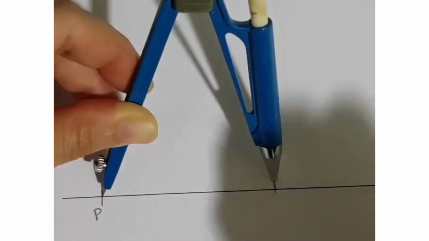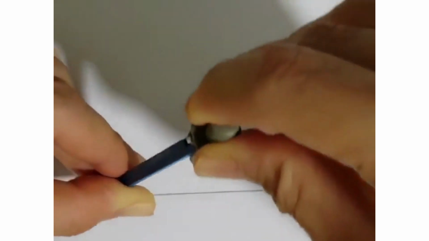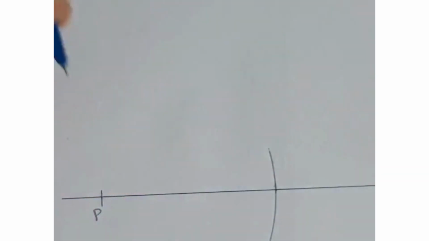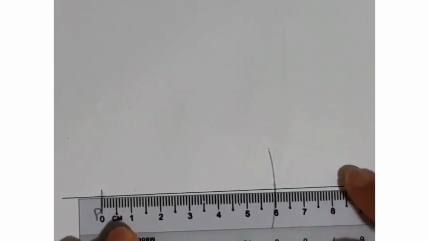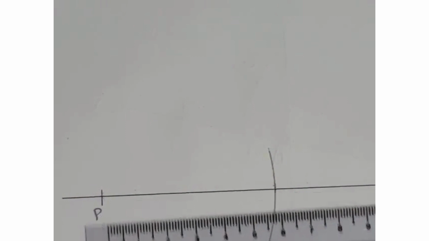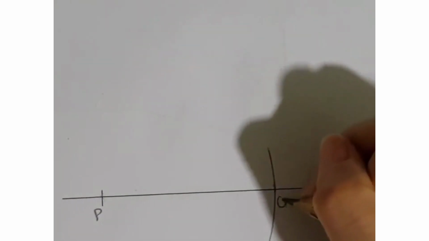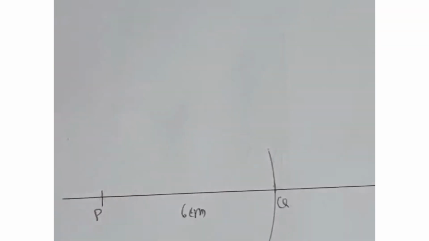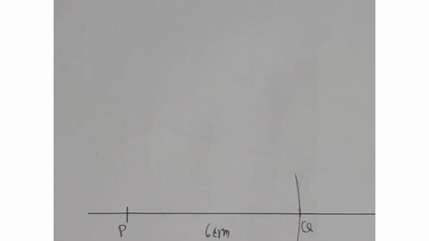After that, you draw the arc. I need to see the construction arc. Not joking, I need to see the construction arc. So this is Q, 6 cm. And angle P is 70 degrees as given in the question.